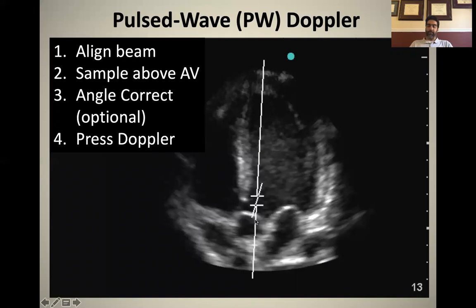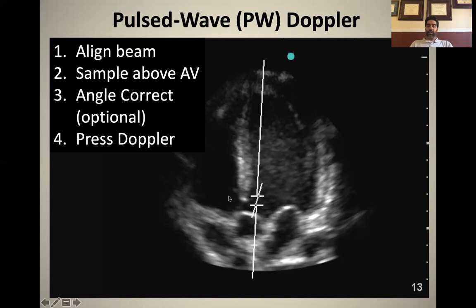So that's your first step. Okay, and again, you can see how making that septum vertical is going to make this angle as parallel as possible. Really important. Okay, the more off angle you are, the less and less accurate your velocity measurement is going to be. Okay, so turn on your Doppler beam, align it to be as parallel as possible.